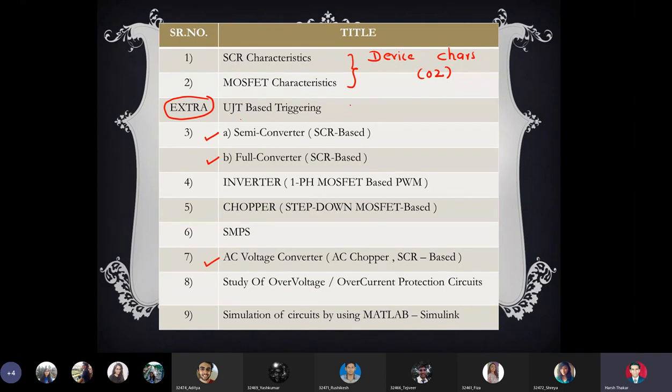That means 50% of the functional part of 3.A, 3.B and 7 is UJT based triggering. That is why a student needs to understand how the UJT device generates the firing pulses for firing the SCR. That is why this is an extra experiment, triggering circuits.